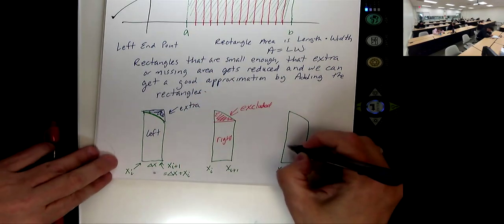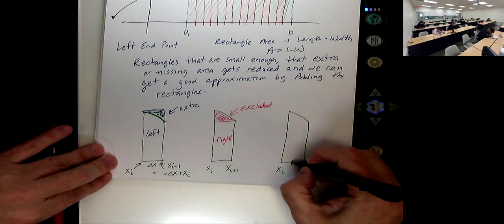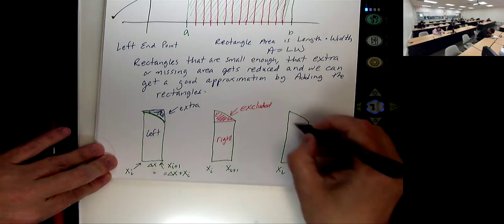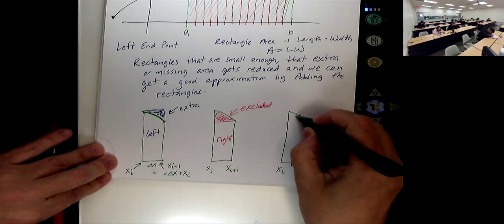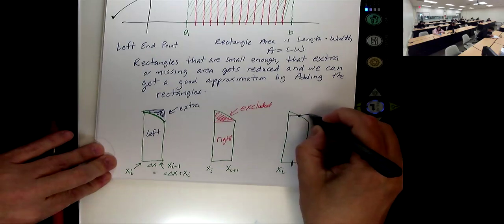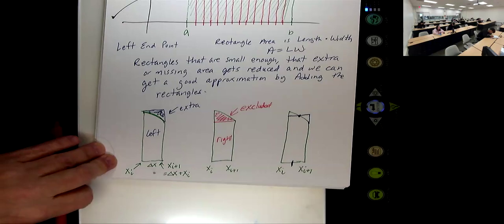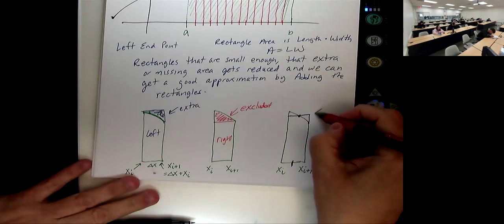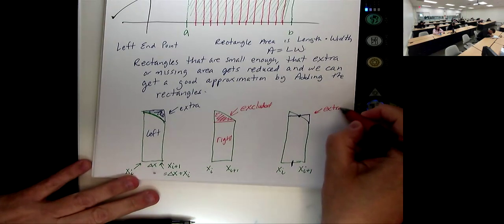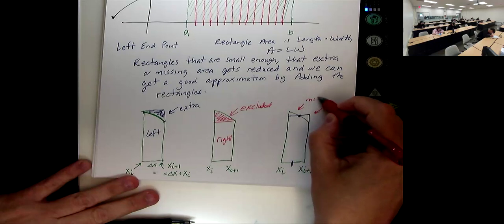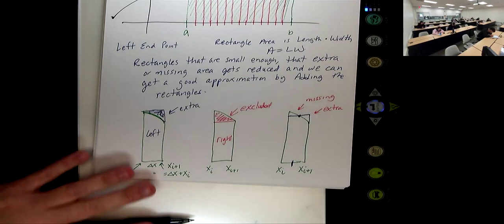And there's one where we do the midpoint. We find halfway between these, we come up to here, and we make our rectangle at that height. We have some extra here and some missing here, and it balances out better.